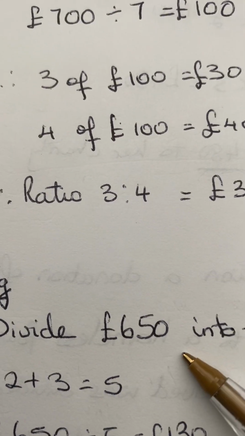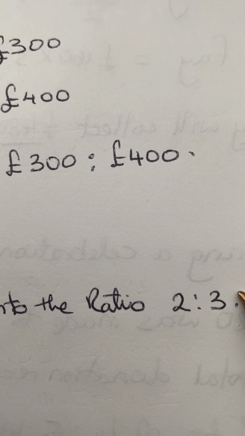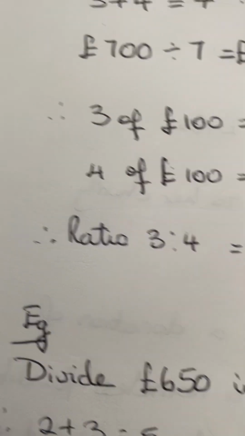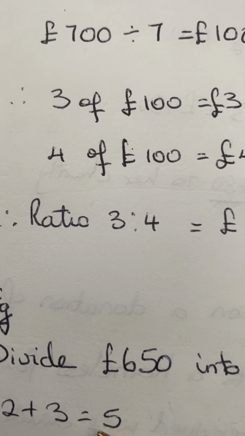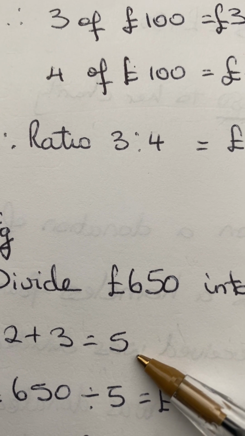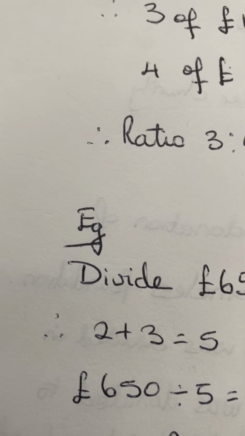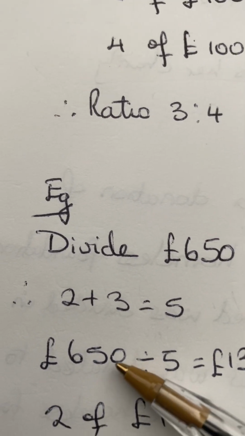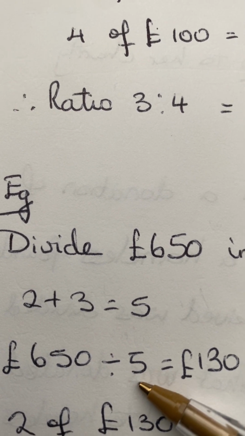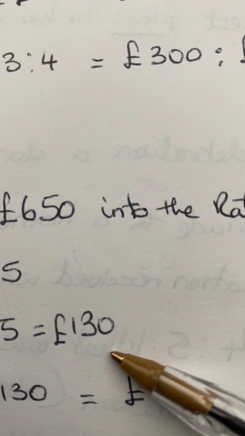Divide 650 into the ratio 2:3. So my total ratio now will be 2 add 3, which is equal to 5. So if I want to find one portion, it will be 650 divided by 5, because my total ratio is 5, which is 130.